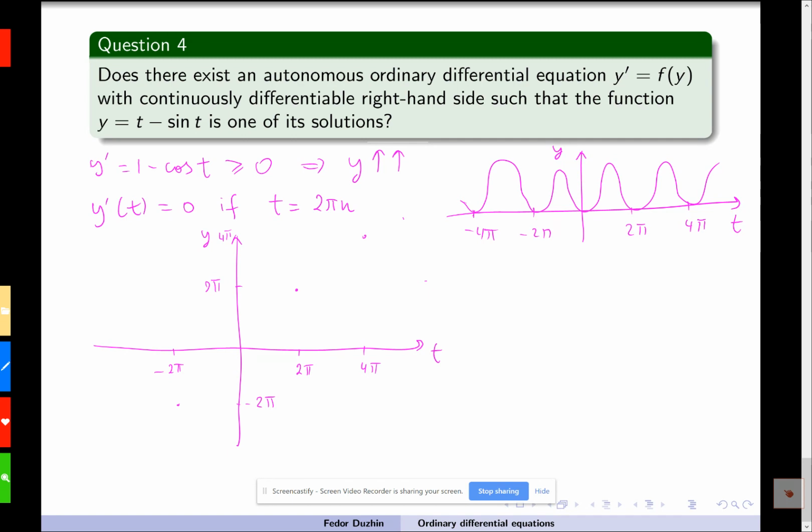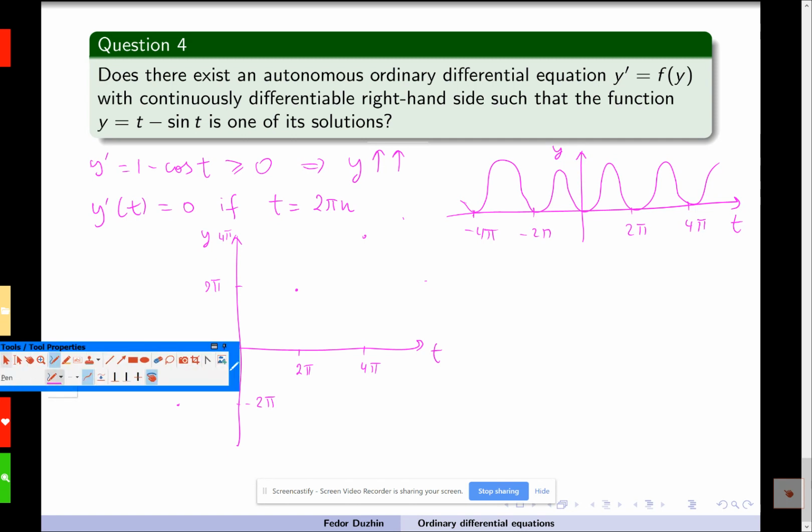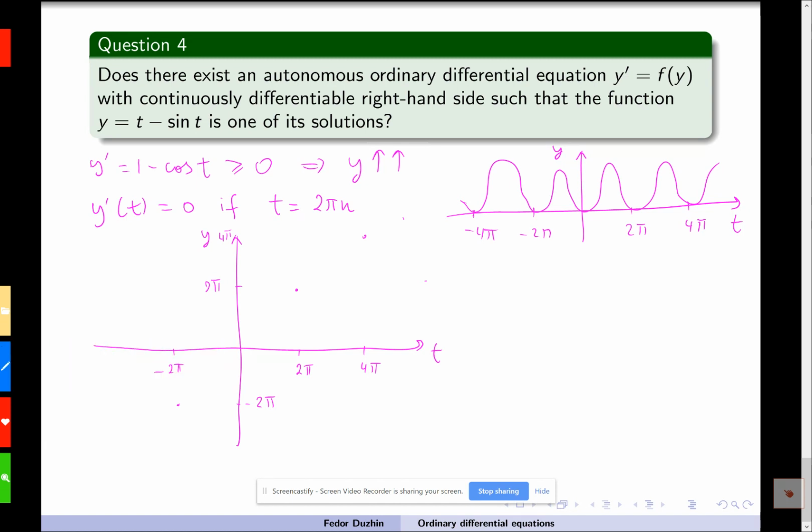It is increasing all the way, and at the given points, its rate of change drops to 0. So it is something like this: it goes up, slows down, goes up, slows down, goes up, slows down. For all values of t that are proportional to 2 pi, the slope of the tangent line becomes exactly horizontal, because we just calculated it, right?